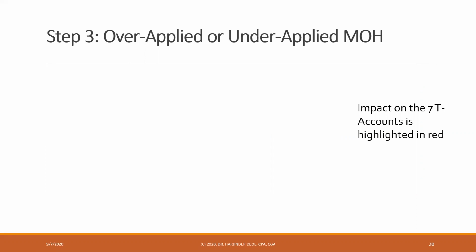Now, notice that given the fact that the actual manufacturing overhead costs were debited to the manufacturing overhead account, and the applied manufacturing overhead costs were credited to the manufacturing overhead account, the total of the actual manufacturing overhead, which is the debit side of the manufacturing overhead T account, and the total of the applied manufacturing overhead, which is on the credit side of the manufacturing overhead account, may not be equal.